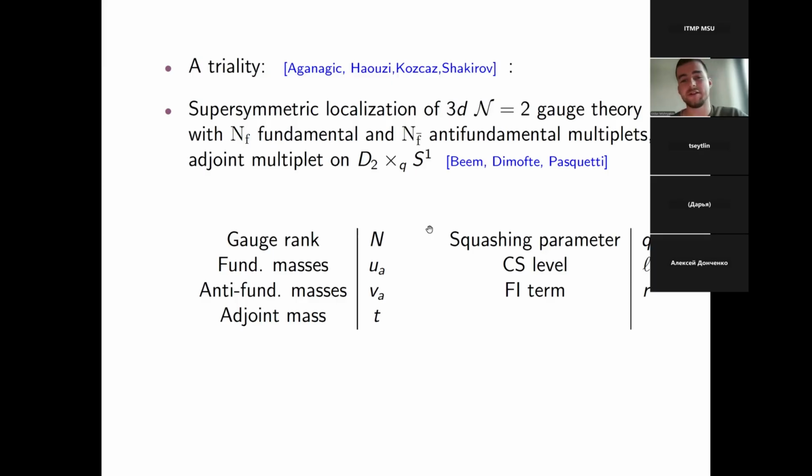It's a D2 fibration over S1, where the Q parameter corresponds to how this D2 rotates when it's fibered along the S1.